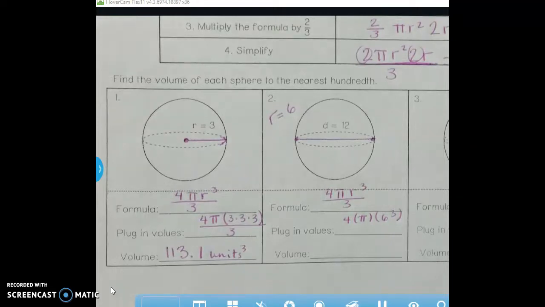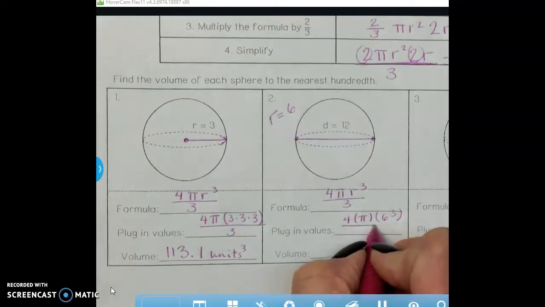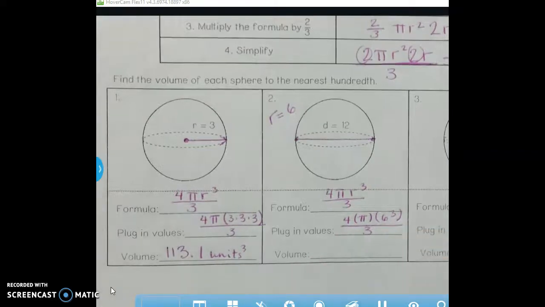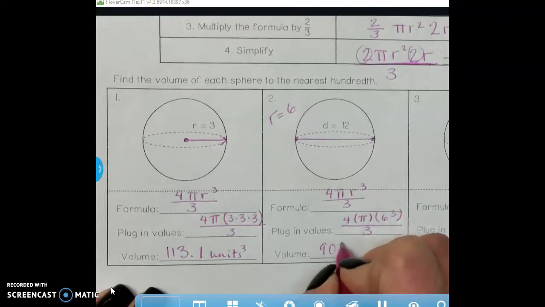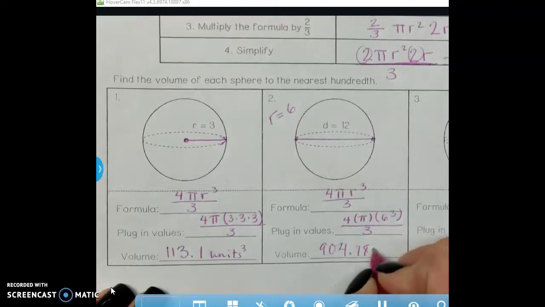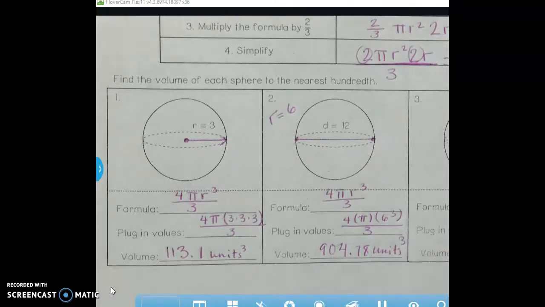So first you would say 6 times 6 times 6, or 6 to the third power, and then multiply by pi, multiply by 4, and then divide your product by 3. And yes, we are going to have large numbers a lot of times. And it's again units to the third.